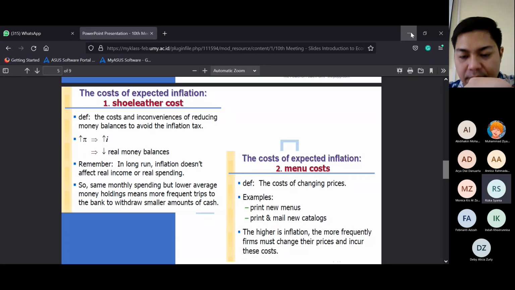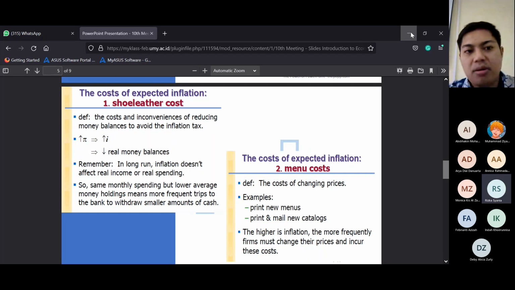Two, menu cost: the cost of changing prices. For example, printing new menus and printing and mailing new catalogs. The higher the inflation, the more frequently firms must change their prices and incur this cost.